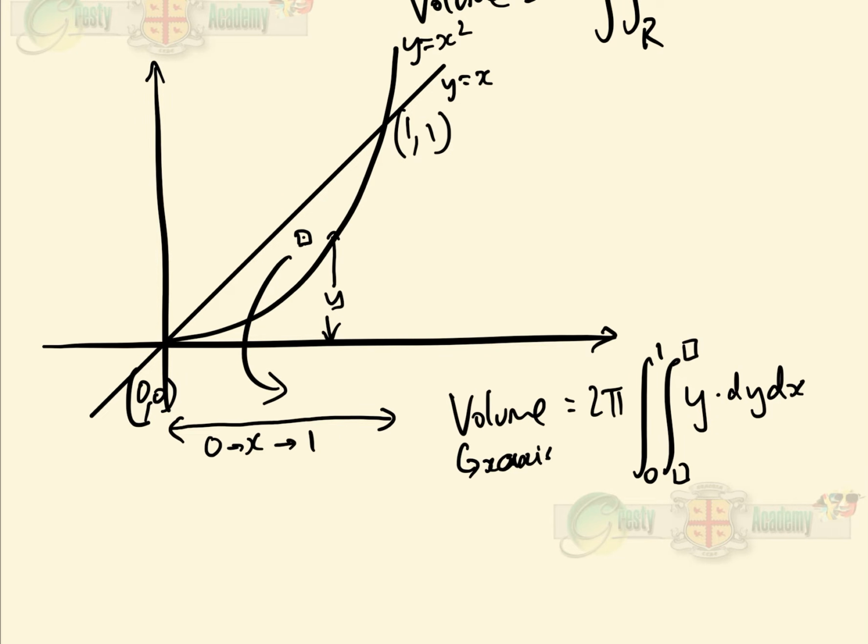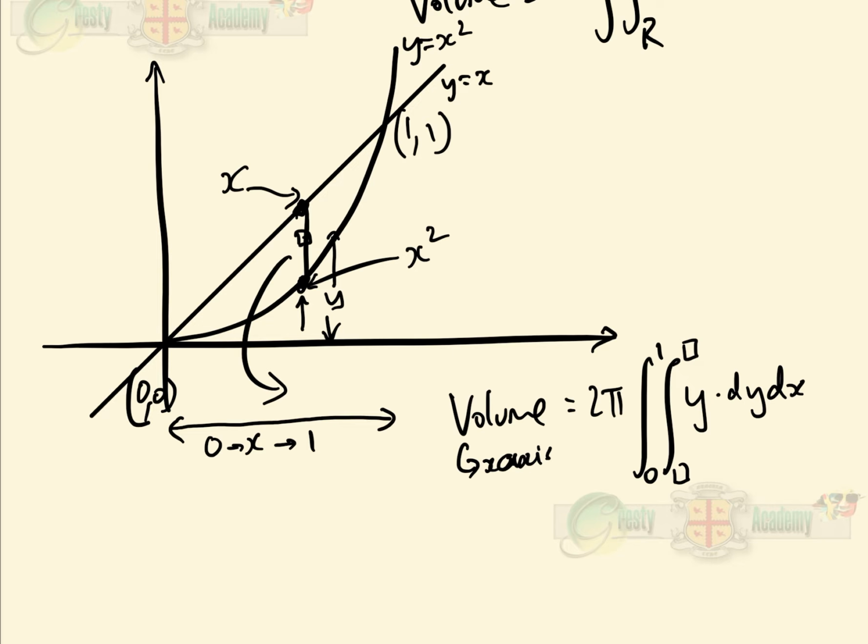That's the double integral. Now all we need to do is look at the limits for y, and we need to look at where we're entering and where we're exiting. Looking at y, we enter at this point here, which is x squared, and we exit at that point there, which is x.